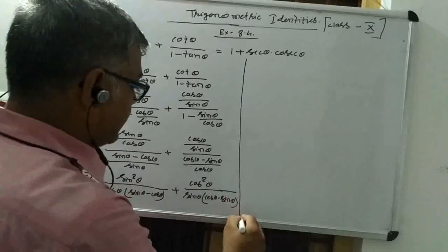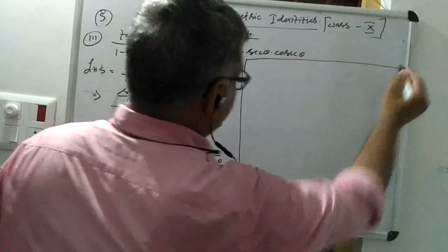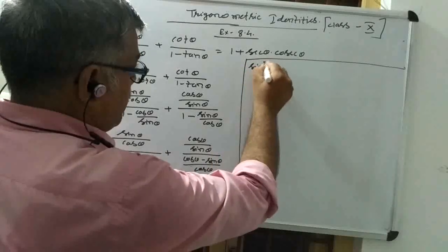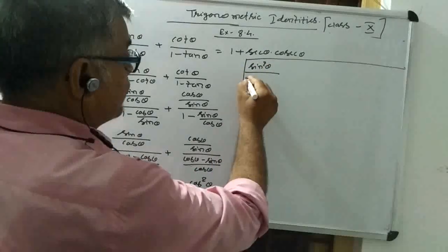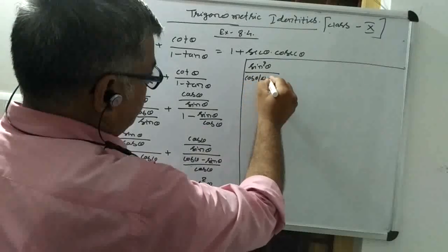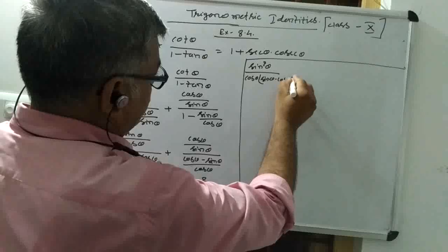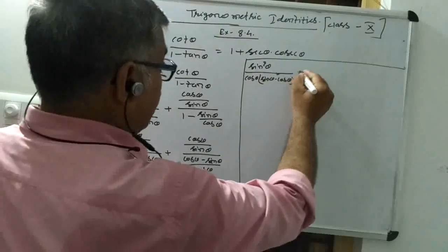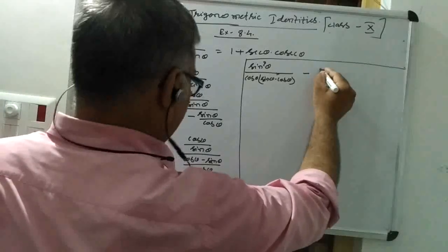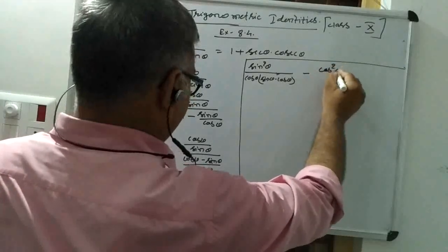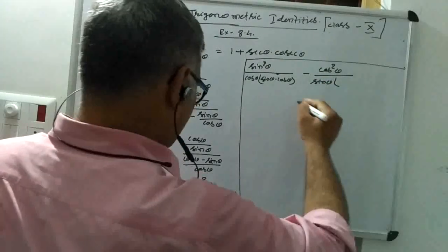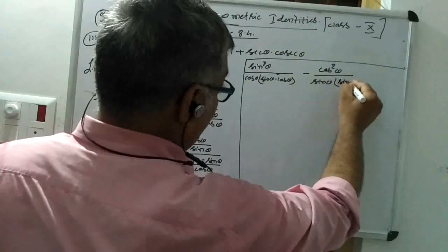Now let's see here. Now sin squared theta by cos theta into (sin theta minus cos theta), plus, you take minus common from here, so it will become minus cos squared theta by sin theta into (sin theta minus cos theta).